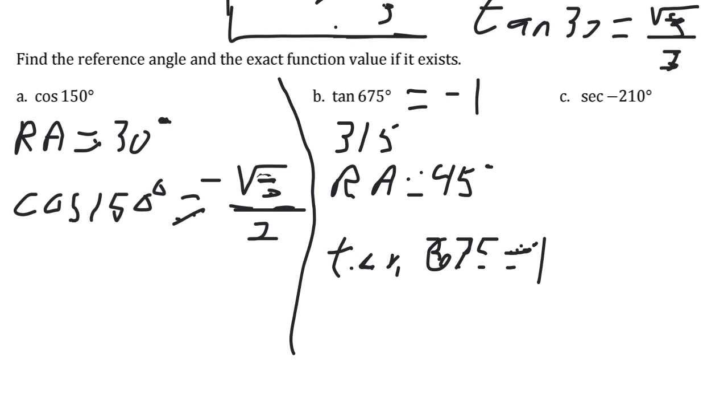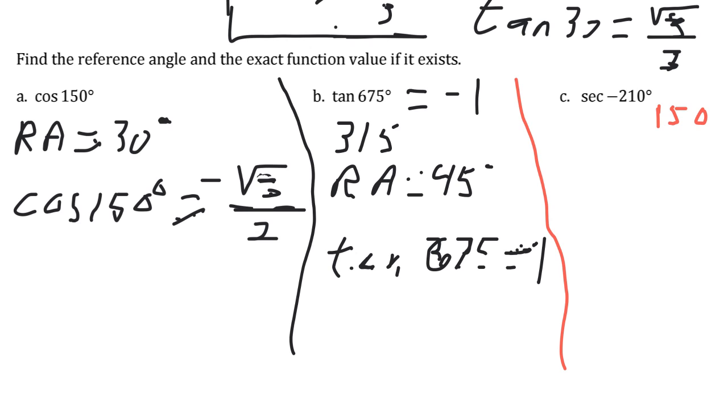Secant. Oh boy, a little bit harder. Now, if you wrote those things down for secant, well, first we have to get our angle. Negative 210 plus 360 is 150. We already did a 150 over here.